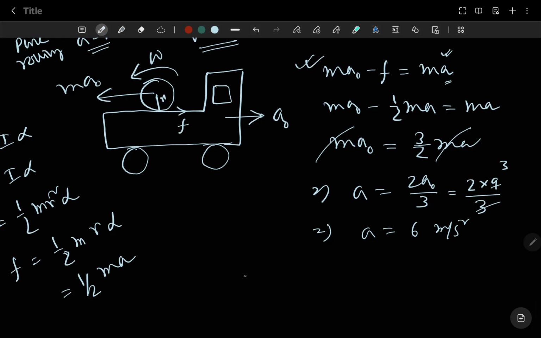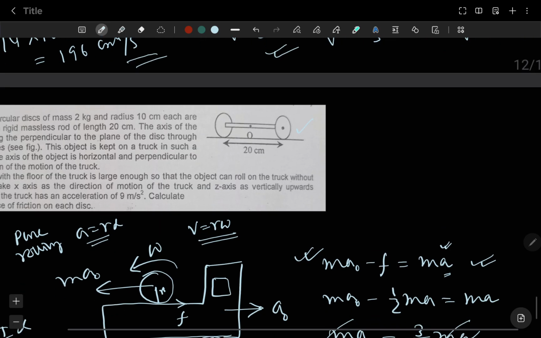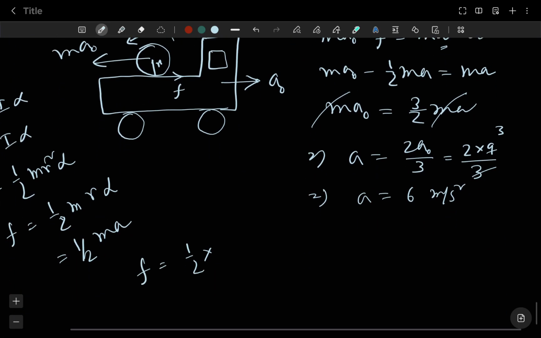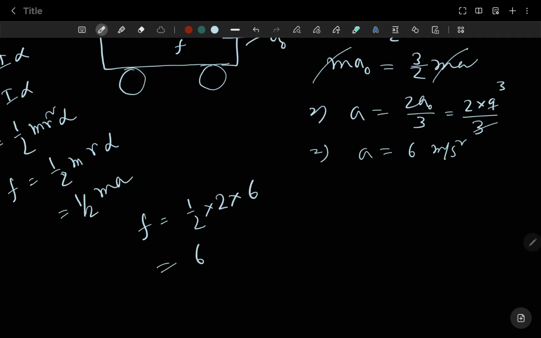So F will be, you can put here F equals half ma, or from this equation also you can get, whatever you like. Half into the mass of each disc is 2 kg, so it's 2 into a is 6, so it is 6 Newton. Fine, this is the answer.